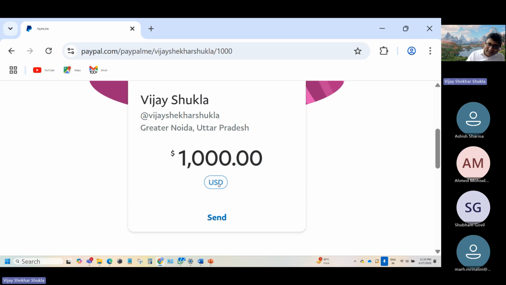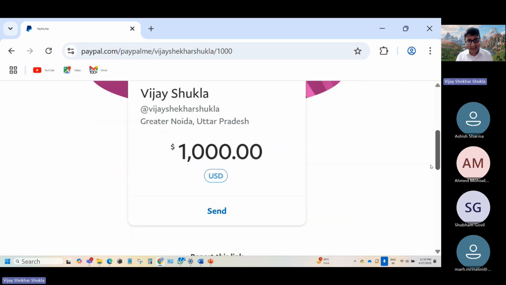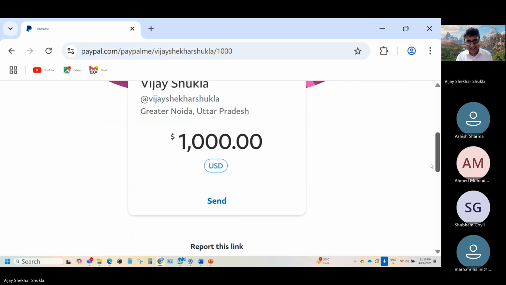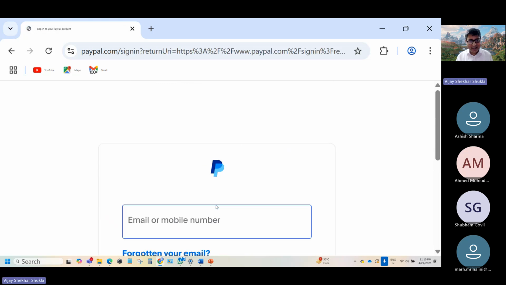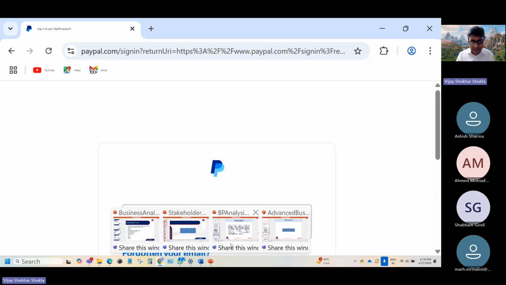Even this currency could be changed. It is not that this currency is not subject to change. Even this could be changed. So for the customer, it is so easy. For the company, this is a business innovation. For PayPal, you can't call it technological innovation. So if you understand your client's requirement, you will be able to come up with better processes.